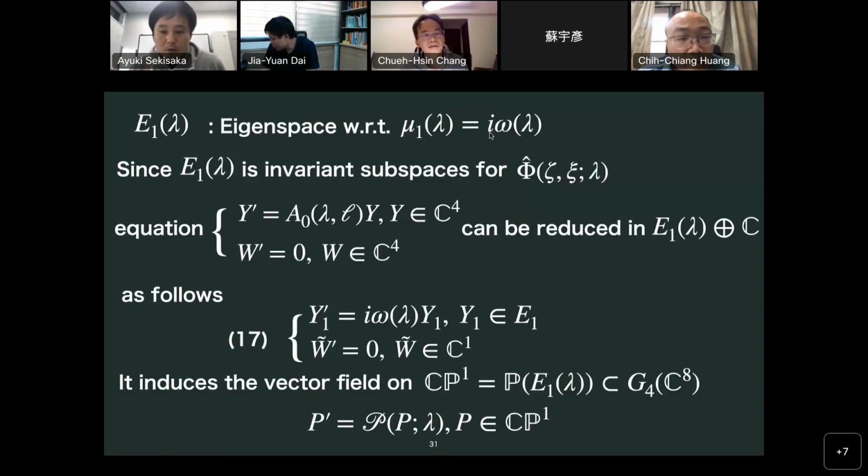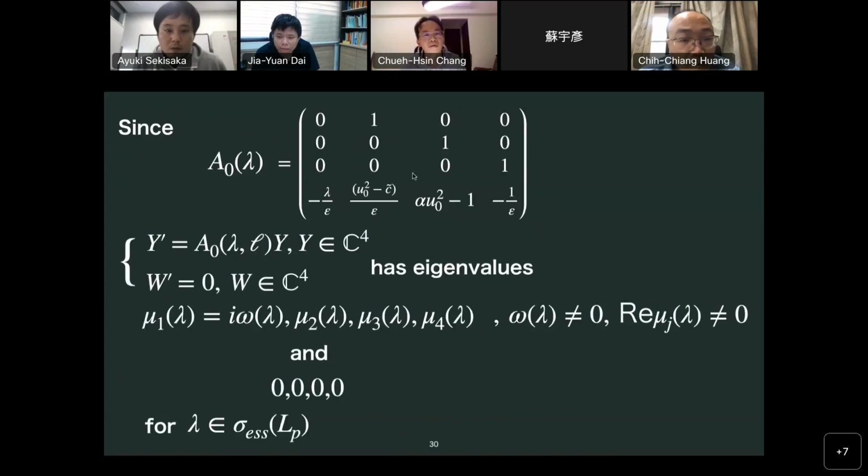I see. So this is a direct computation result. Exactly, we can obtain the exact form of these eigenvalues. Okay, I see.